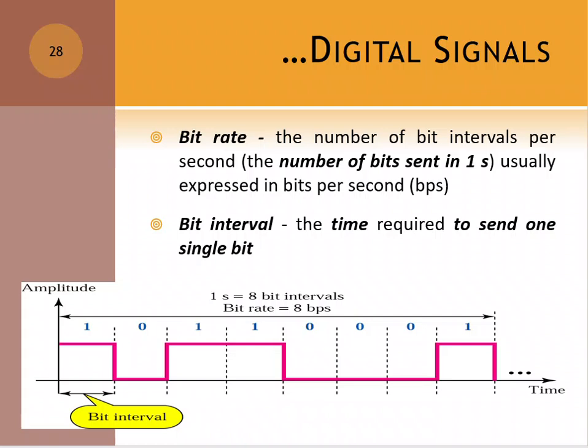So, from here to here, the time taken is 1 second. And then as you can see, there are 8 bits in this figure. So, in 1 second, 8 bits can be transmitted. So meaning that the bit rate is 8 bit per second. 8 BPS. That is the bit rate.